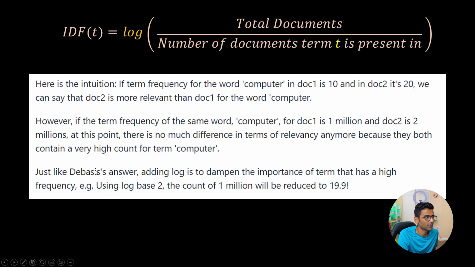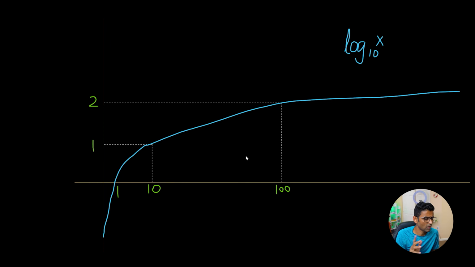So that's why we take a log of that, just to reduce the effect of it. From your log function, you know it goes something like this: log of 1 is 0, log of 10 is 1, log of 100 is 2. I'm talking about log to the base 10. And the curve flattens out as you go further on your x-axis. And the influence that you want to have in terms of your IDF, you want to reduce it.